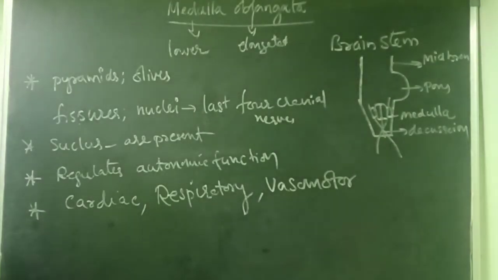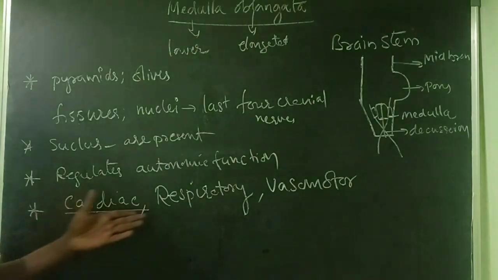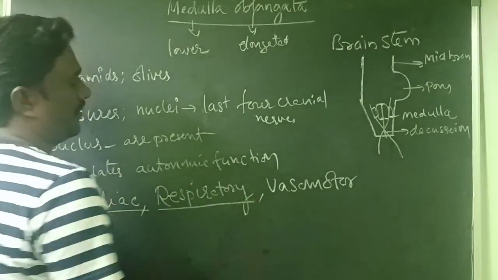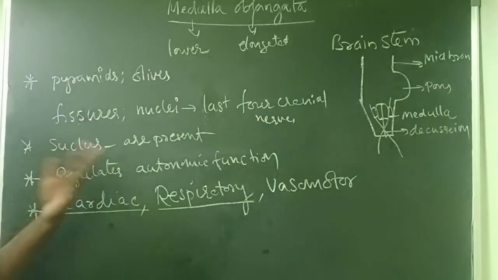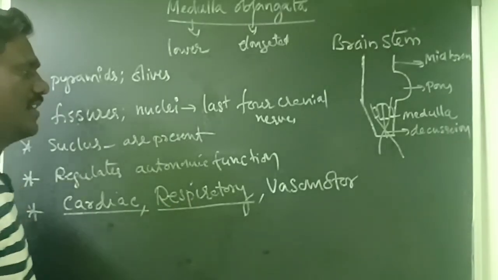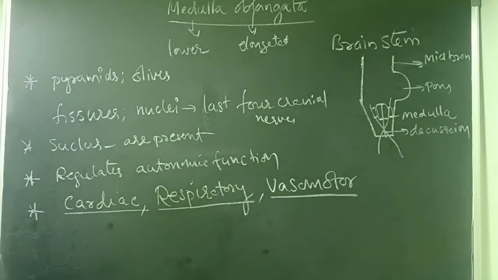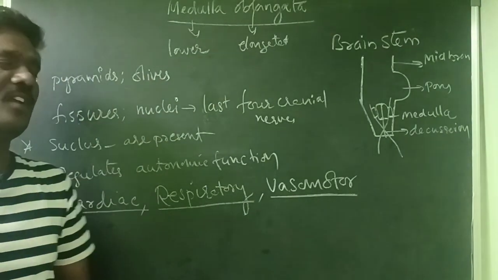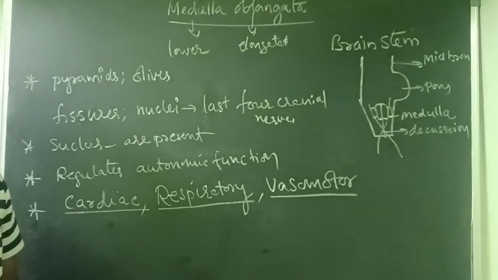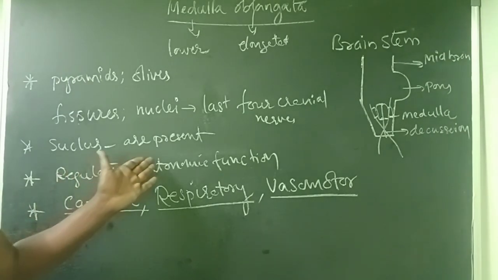Cardiac means it increases or decreases the heartbeat according to the situation. Respiratory means it also increases the breathing rate. Vasomotor means constriction or dilation of the lumen of blood vessels. All these come under the autonomic nervous system.